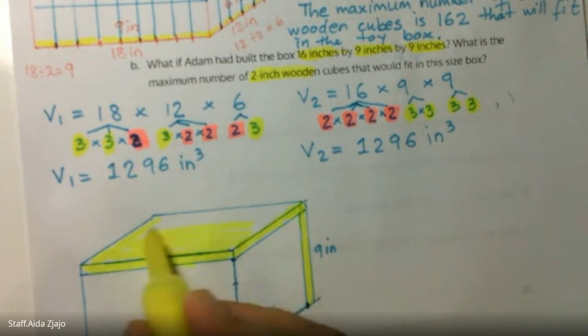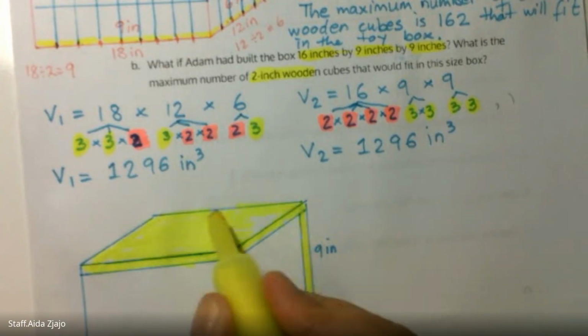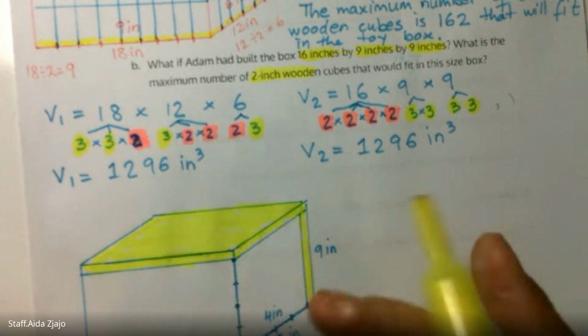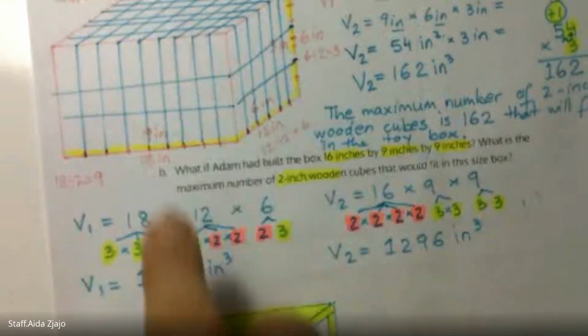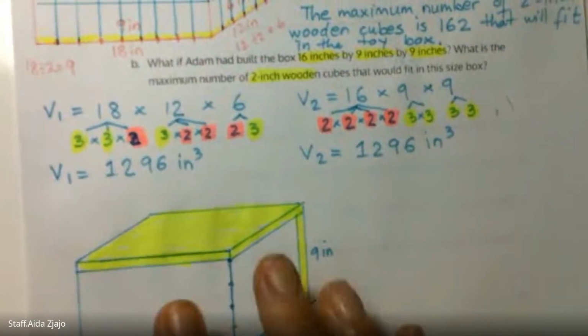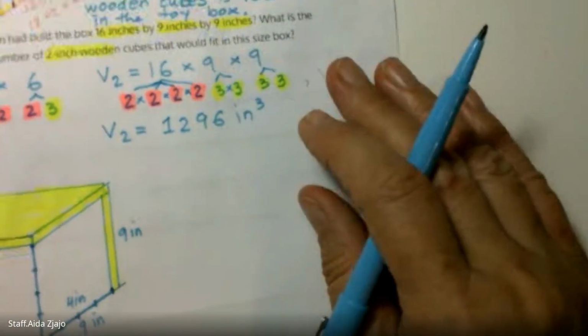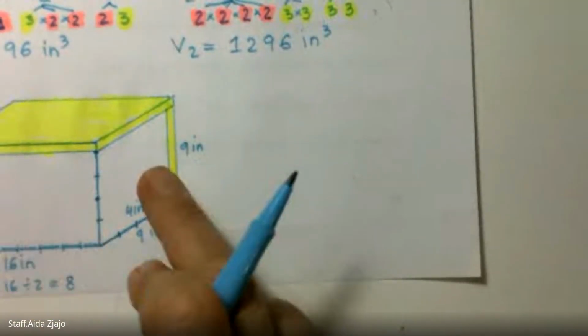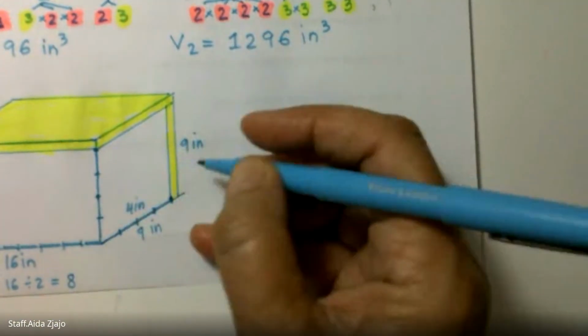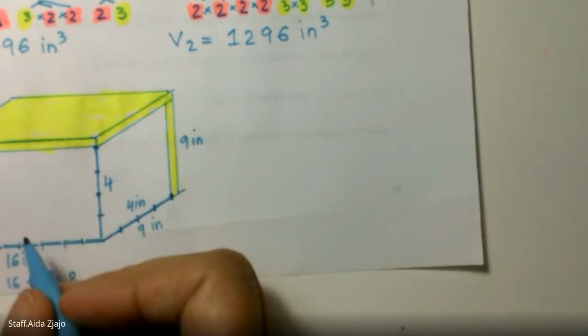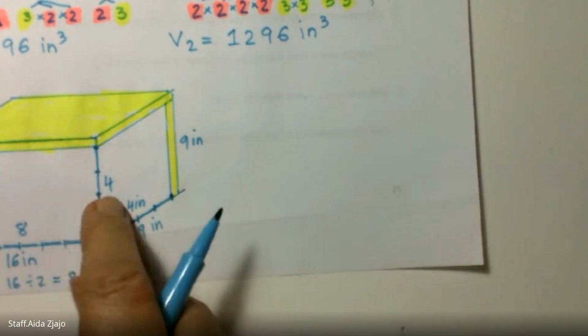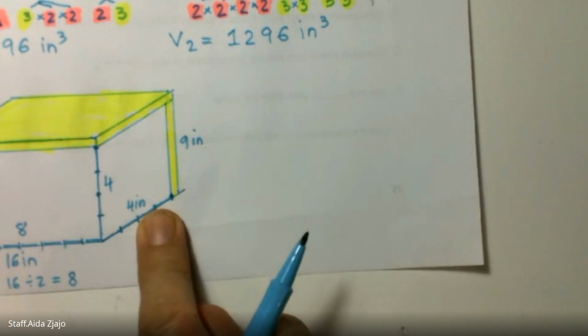We could fit more if we could cut each block in half, but let's see how many cubes can really fit right here. Your dimensions will be 8 by 4 by 4.